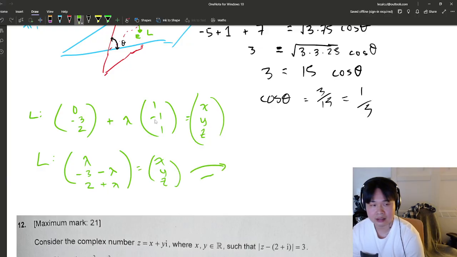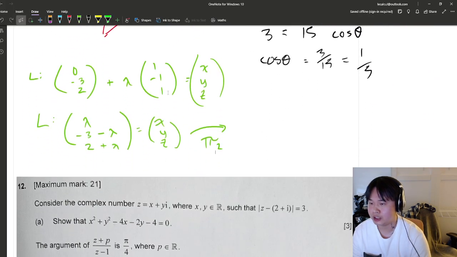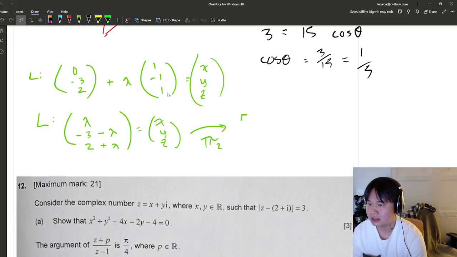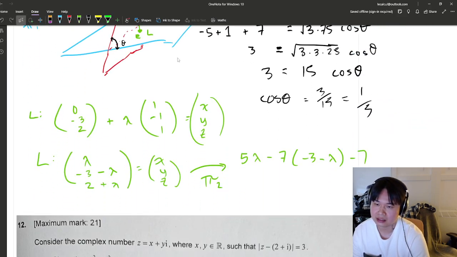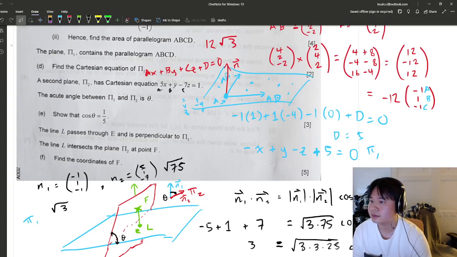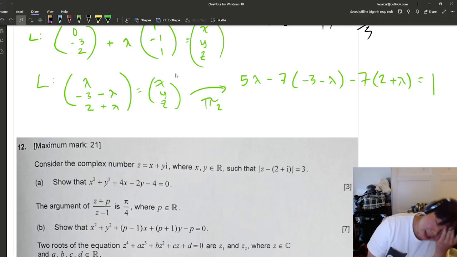Okay, this is going to get substituted into the equation for plane number 2, which was this one: 5x plus y minus 7z equals 1. So 5 lambda, plus negative 3 minus lambda, minus 7 times z, which is 2 plus lambda, equals 1. Solve for lambda.